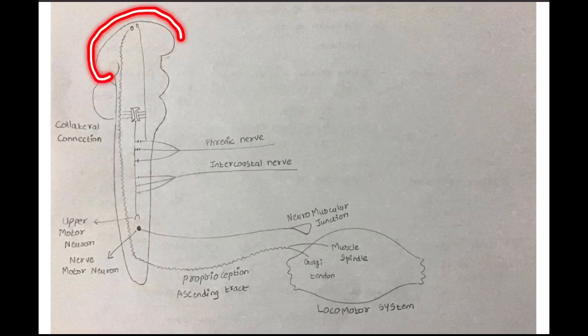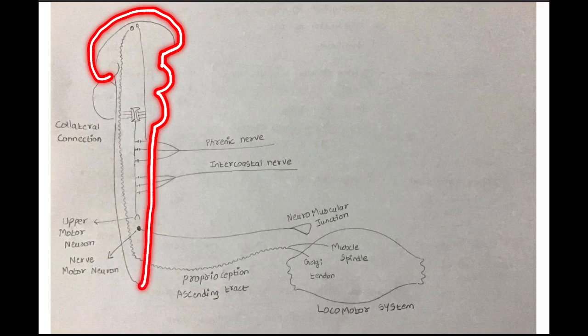This is the frontal view of the brain, and here you have the midbrain, pons, medulla oblongata, then brainstem and spinal cord.